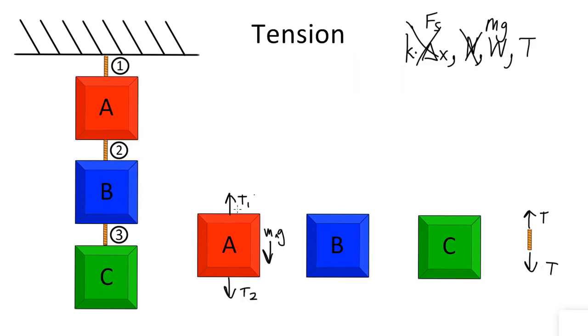As you can see, I drew this force up because it's going to be equal and opposite compared to the rope. The rope's being pulled apart, so the rope is pulling the block up here and pulling the block down here.